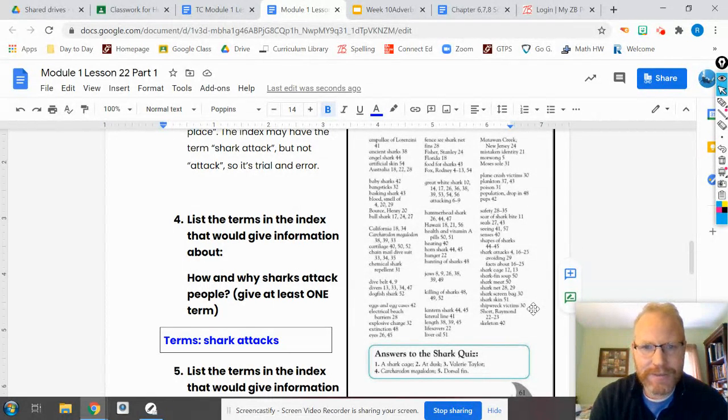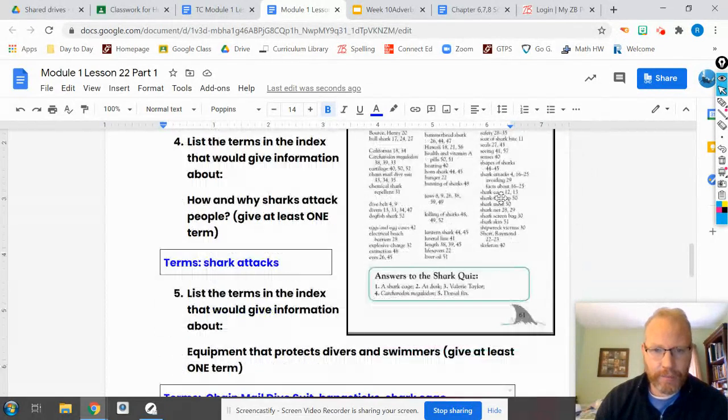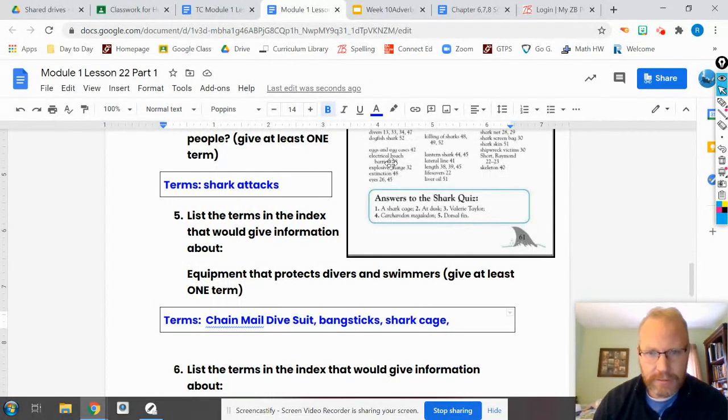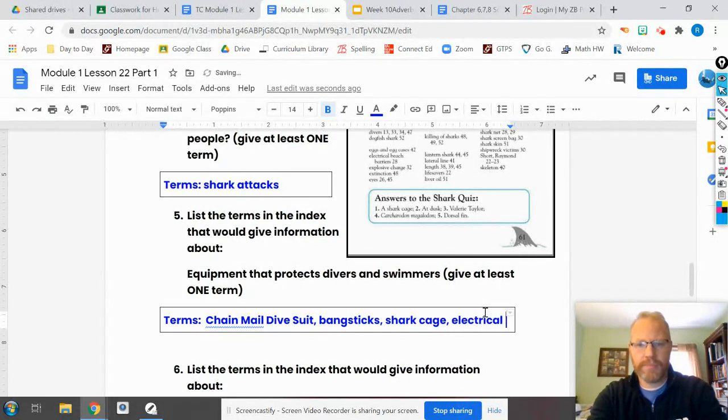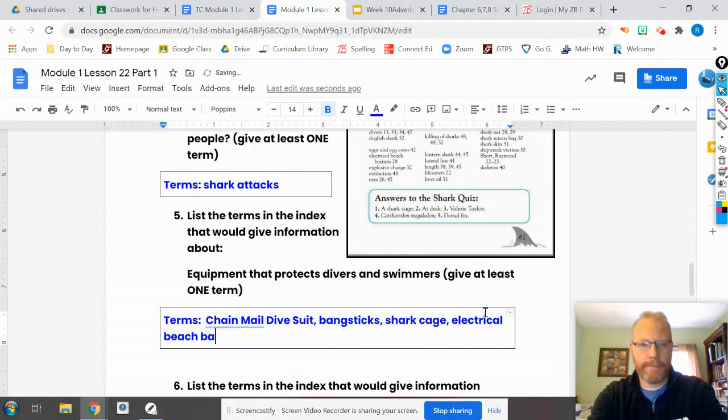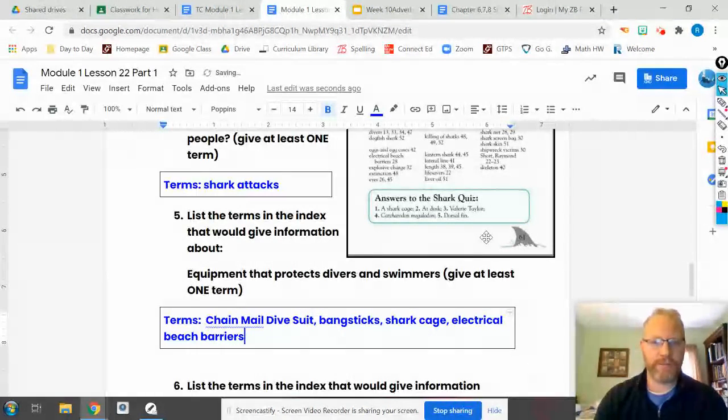Did you come up with something? Oh, I see one. Electrical beach barriers. So that would protect swimmers. Electrical beach barriers. So that's definitely one.